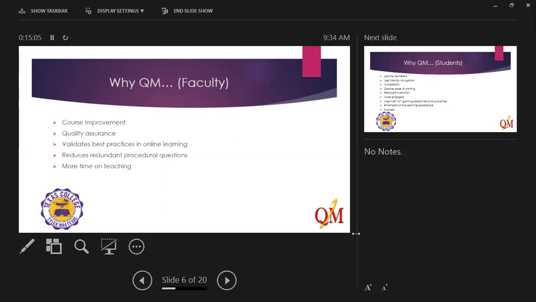It also improves quality assurance, and validates best practices in online learning. As we said at the beginning, QM certified faculty follow QM best practices, norms, and standards, and it validates the fact that you're implementing most of the best practices in online learning.